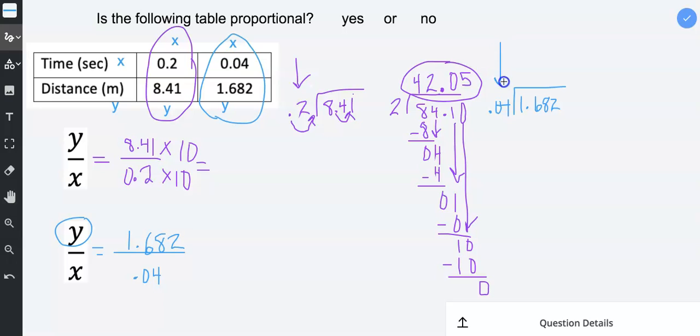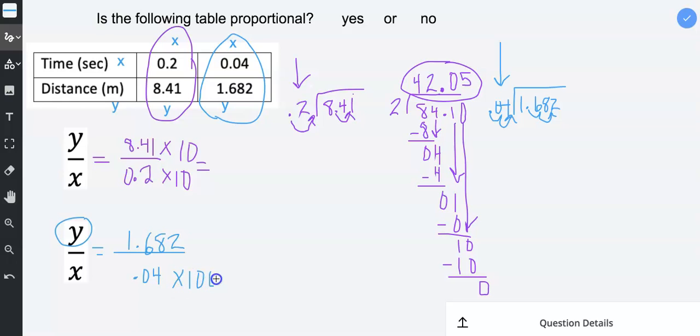When I'm working with decimals, I only have to check the number on the outside. If the number on the outside contains a decimal, that needs to be fixed. So I'm going to move the decimal twice to the right, to get rid of that decimal. So I also have to move this decimal twice to the right. Moving twice to the right is like multiplying by 10 and then multiplying by 10 again, which is the same thing as multiplying by 100.